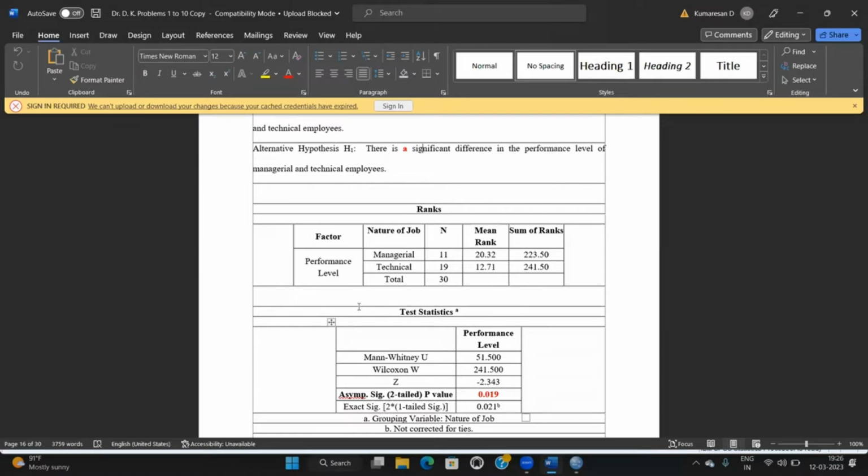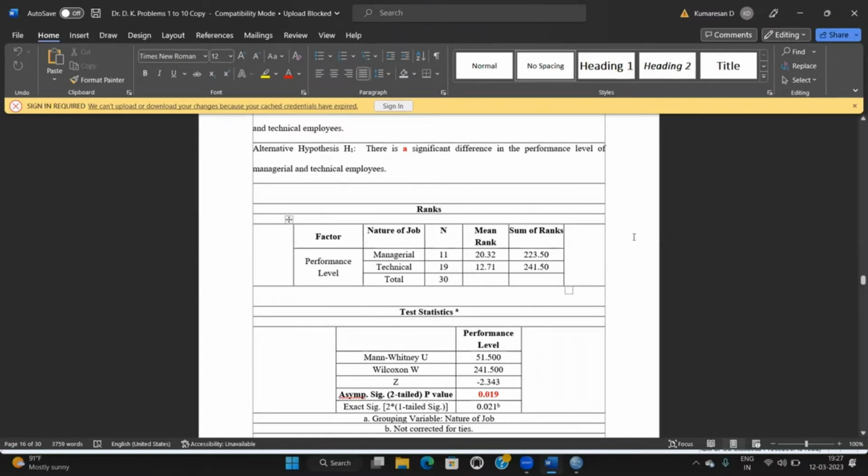So what can we conclude? Technical employees got the lower mean rank, so obviously their performance is better than the managerial employees. That is what we can conclude.